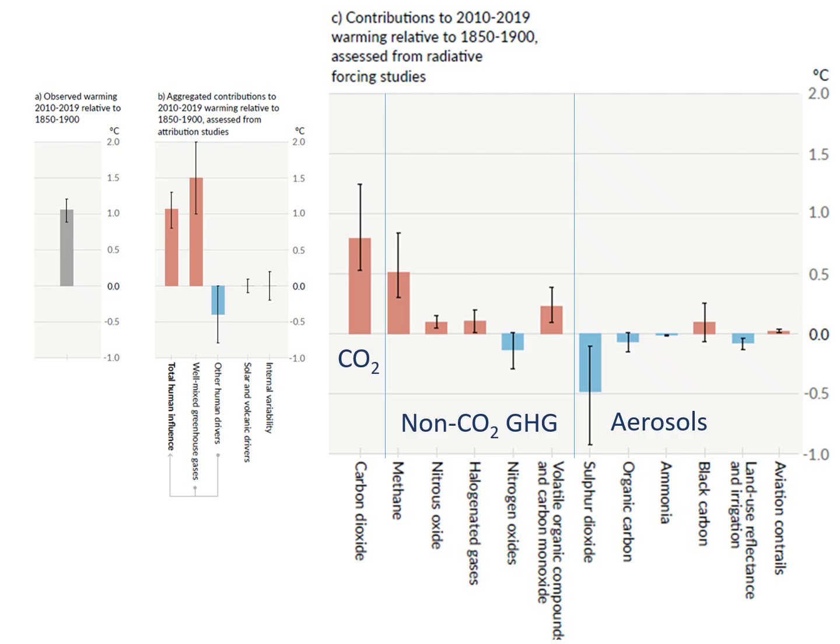If you add these up, this is like 1.5 to 2 degrees Celsius, but it's balanced off by things like sulfur dioxide, which are aerosols that block sunlight and actually decrease the climate impact. You add all of these together, and you end up with a total human influence of 1 degree Celsius, which matches the observed warming.